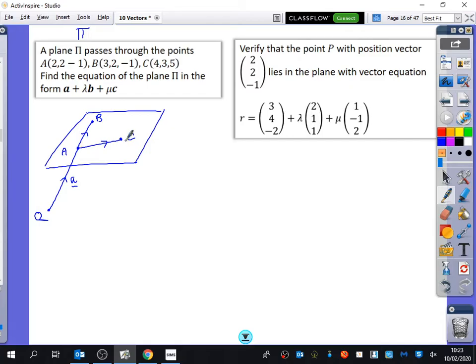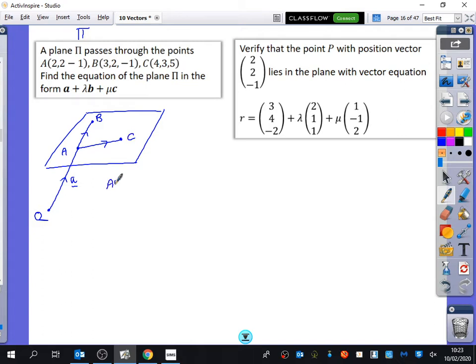I could have picked C or I could have picked B. So there are a multitude of different answers you could do for this parametric form. This is why we don't like the parametric form quite as much, because there are just so many things you could do. But it's a good way of getting into the question. If you can set up a parametric form, you can then make all of these other forms out of it that become a bit more useful.